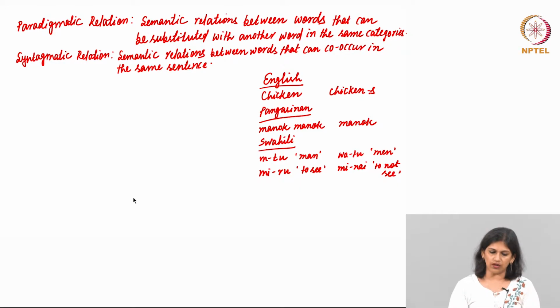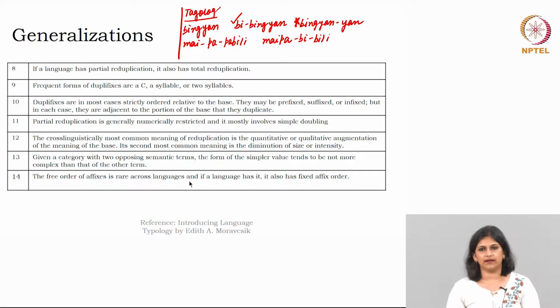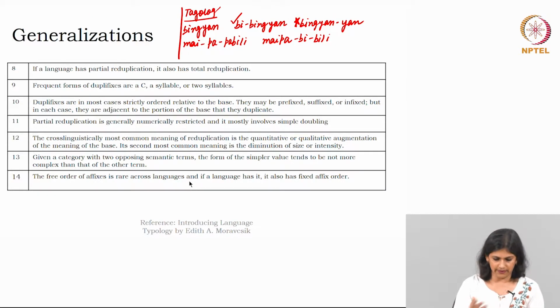So, if they can co-occur, the words would be considered in a syntagmatic relation. In case of paradigmatic relation, the words that can be substituted with other words in the same category. We will go back to it in more detail a little later. As of now, just remember these two semantic relations would be required maybe towards a later stage. I am not very sure about it, but just keep that in mind. In case we land at some discussions, we will get back to the syntagmatic and the paradigmatic ones.